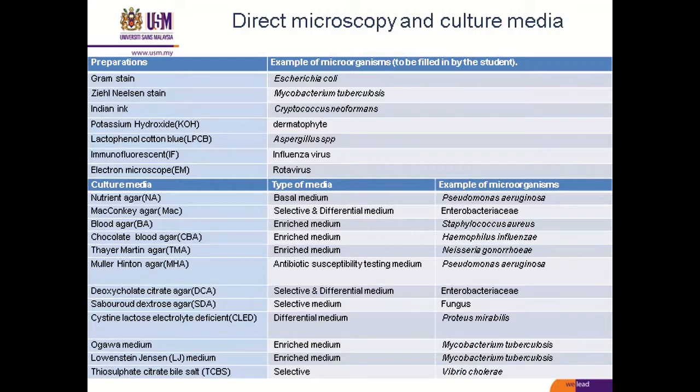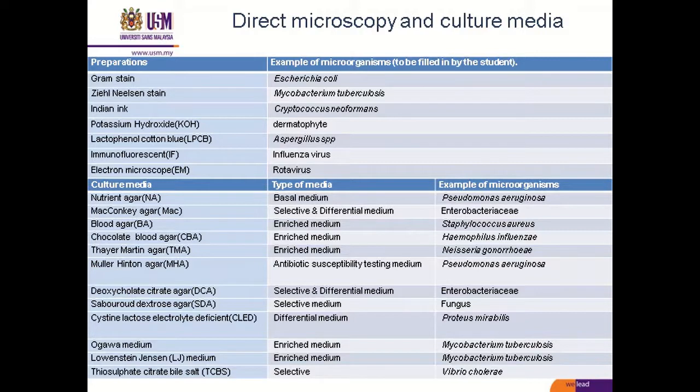And then there are culture methods for lab identification, whereby we use various culture media to grow the organism. First there is the basal medium, which is a very basic medium which will grow almost all non-fastidious organisms such as Pseudomonas aeruginosa.